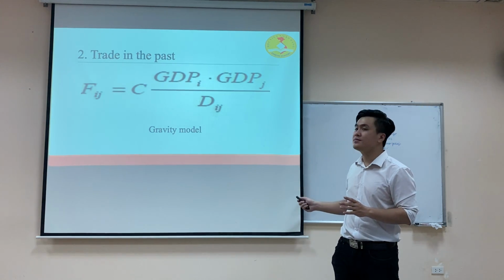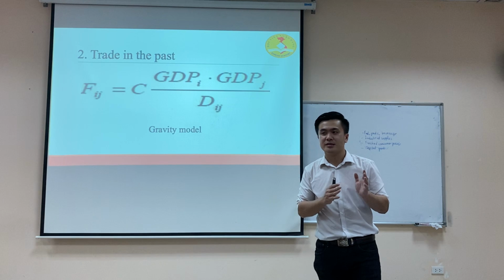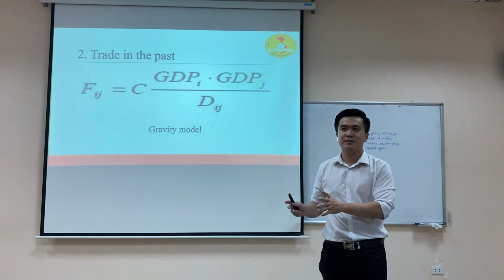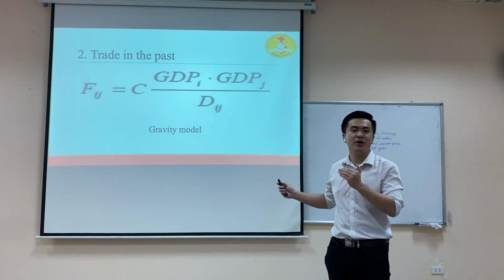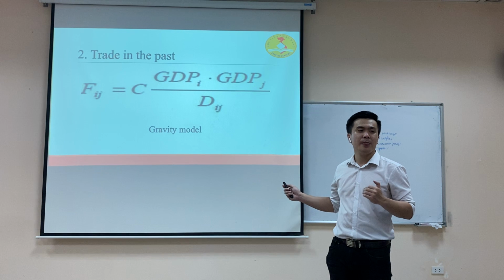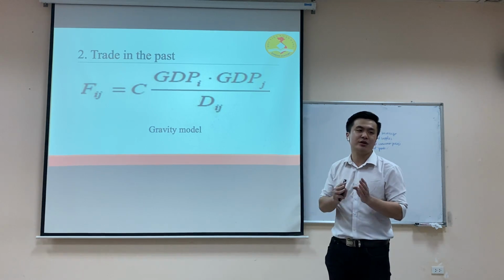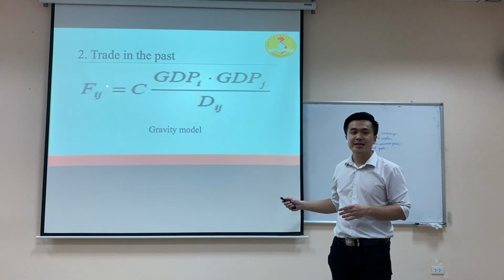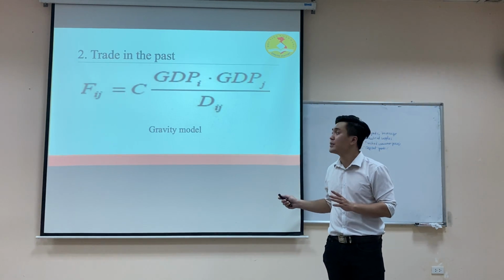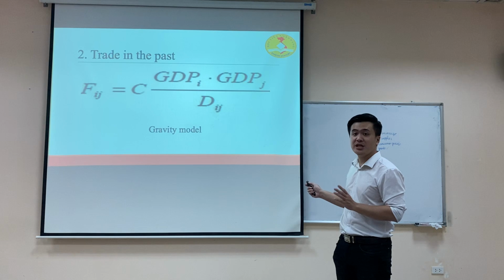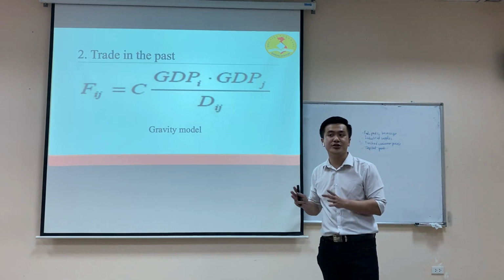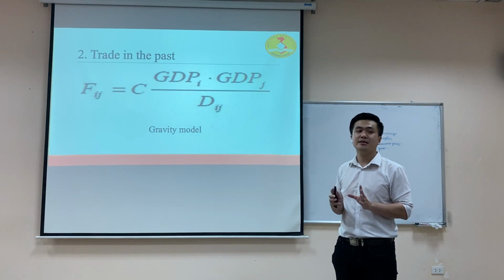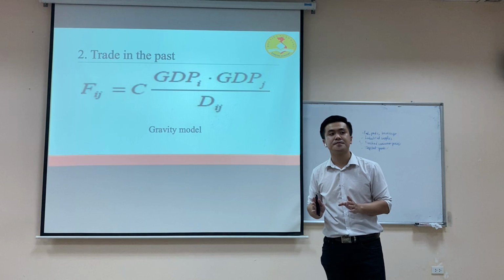This is a gravity model that you can study more in the second class, but now I just introduce a formula for you to estimate the trading volume between two countries. The F is the trading volume, the C is a constant term, the GDP1 and GDP2 are the GDP of the two countries, and D is the distance between the two countries.